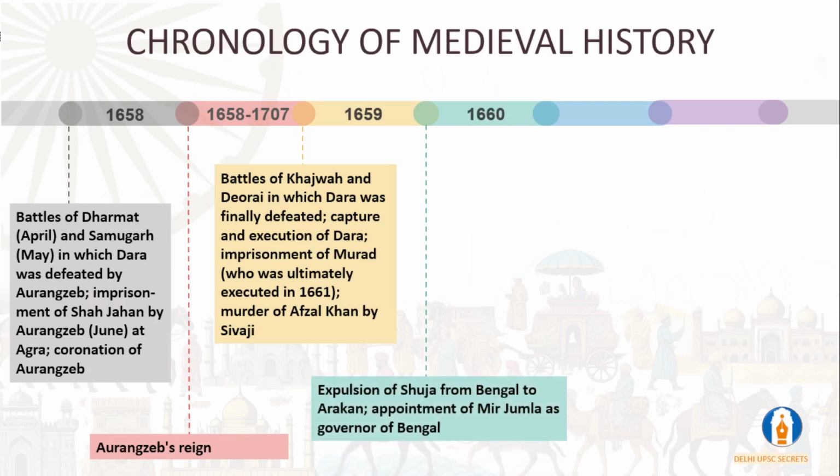Then 1660 AD, the expulsion of Shuja from Bengal happens and the appointment of Mir Jumla as governor of Bengal happens in this period.